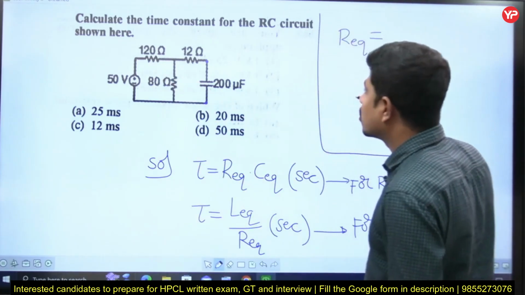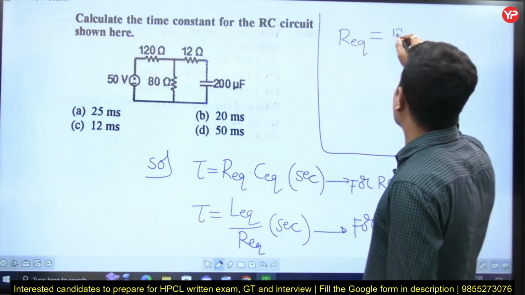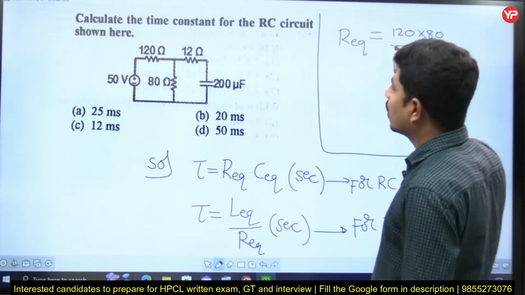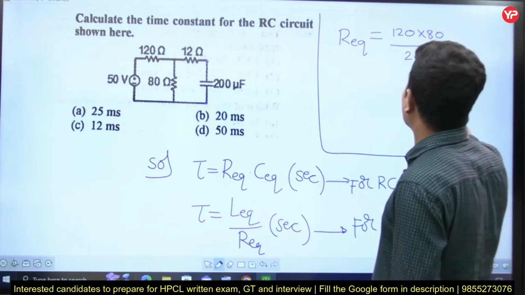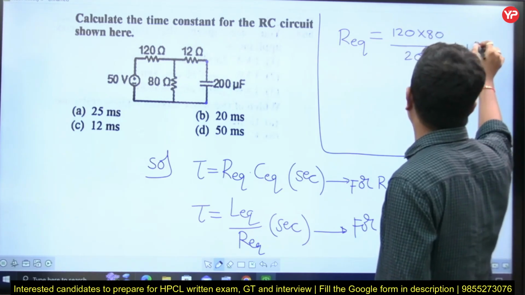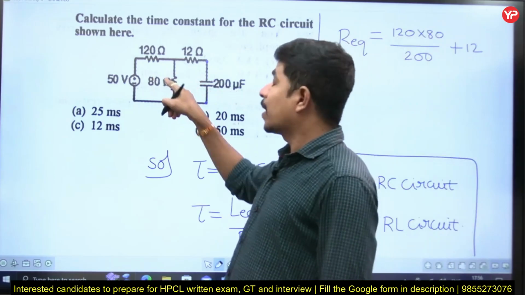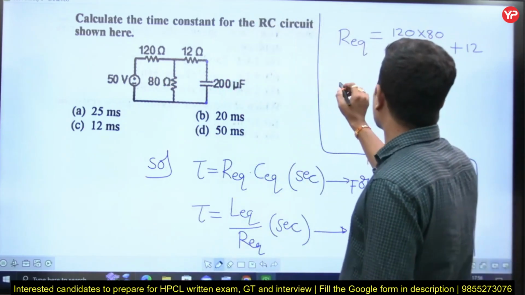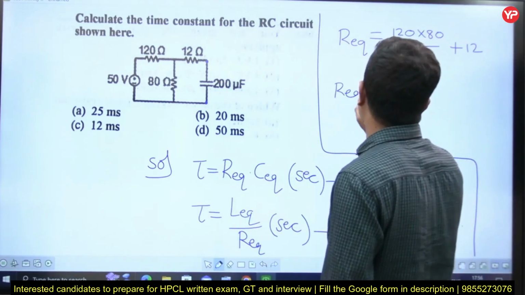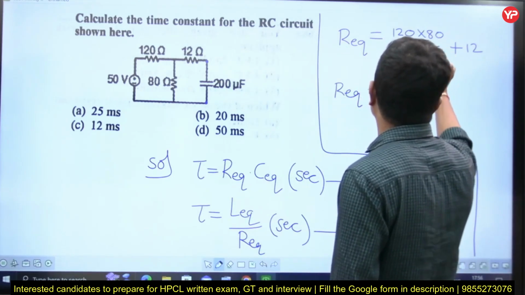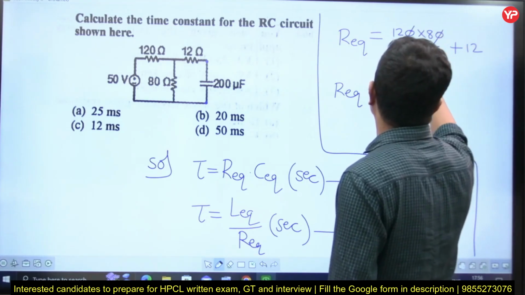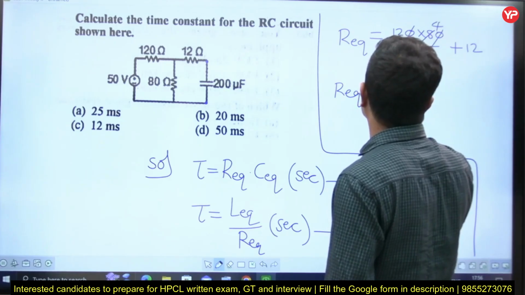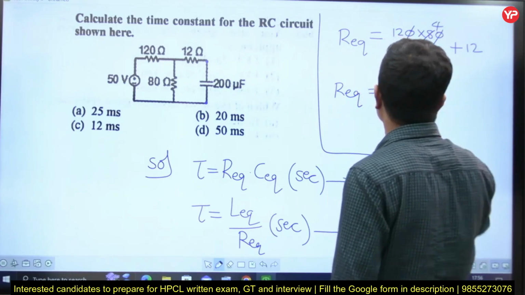So R equivalent is what? 120 in parallel with 80, that is 120 into 80 by 120 plus 80, which is 200, plus 12. So 48 plus 12, it is 60 ohms.